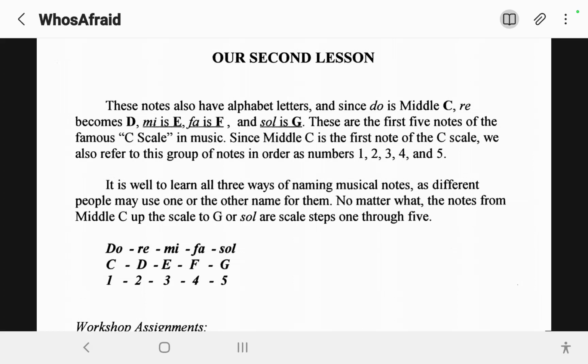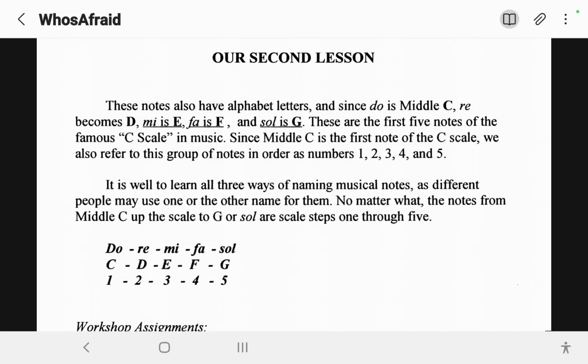Since middle C is the first note of the C scale, we also refer to this group of notes in order as numbers 1, 2, 3, 4, and 5.